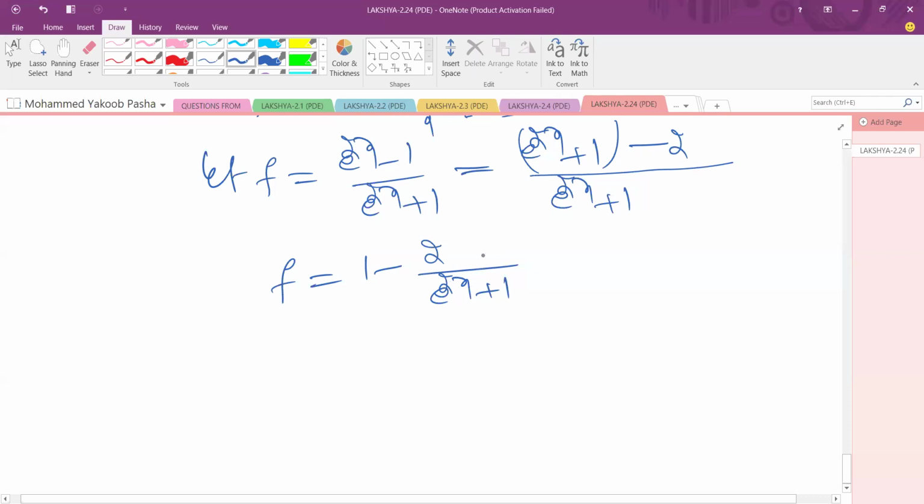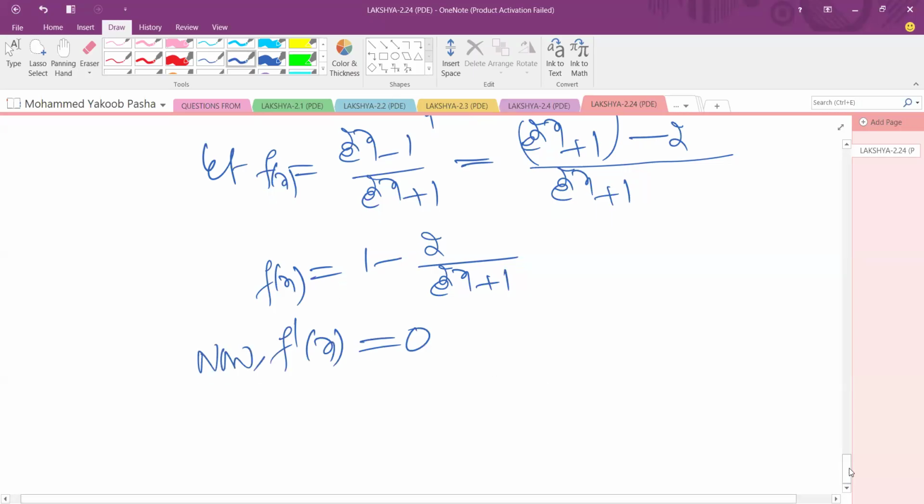Now, this is my f of x. Now differentiate it with respect to x, so f dash of x, and equate to 0. What is the differentiation of this? The first term will be 0, minus 2 into, it is in the form of 1 by x.